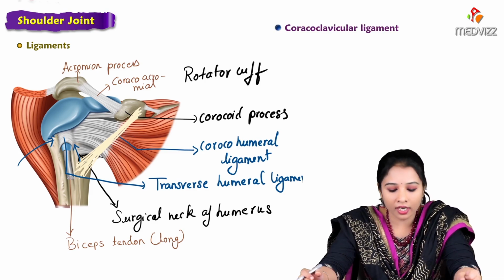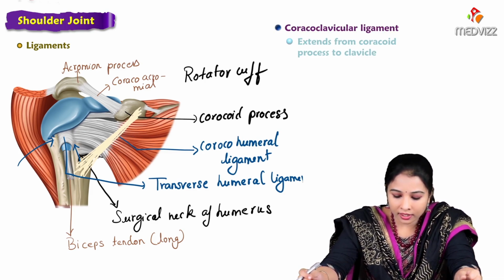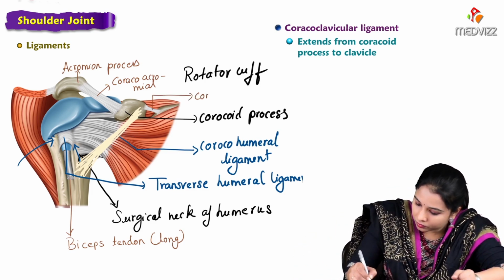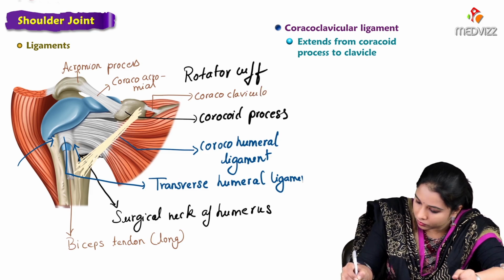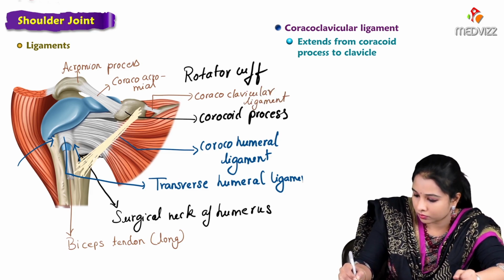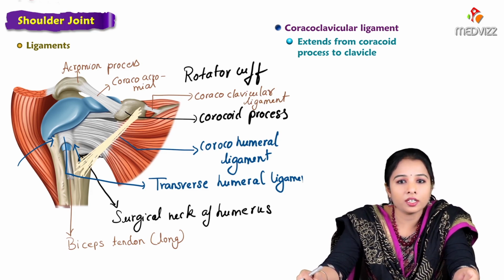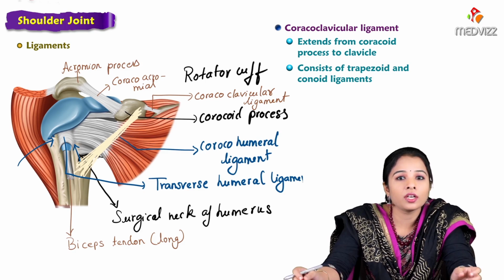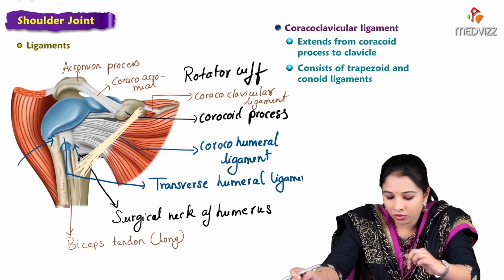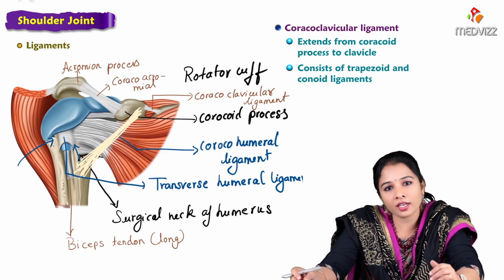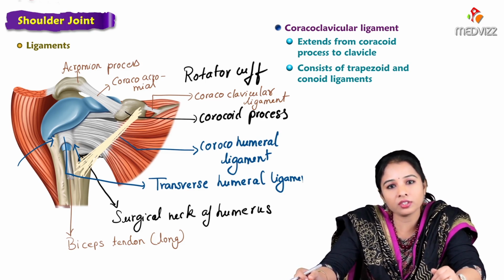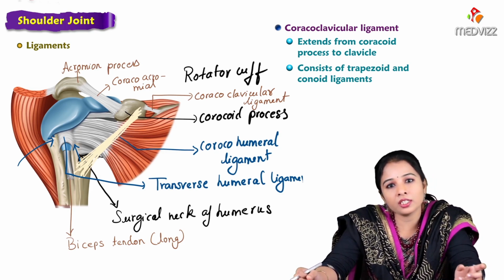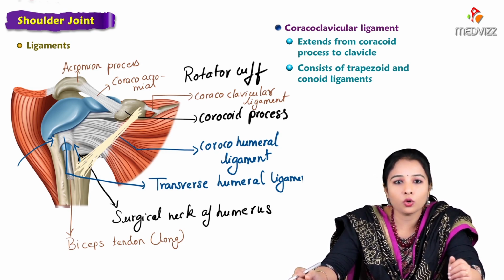Next is the coracoclavicular ligament. It is between the coracoid process and the clavicle. The coracoclavicular ligament extends from the coracoid process to the rough part of the inferior surface of the lateral part of the clavicle, and consists of trapezoid and conoid parts.